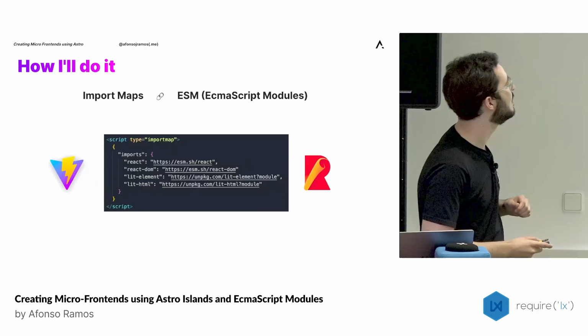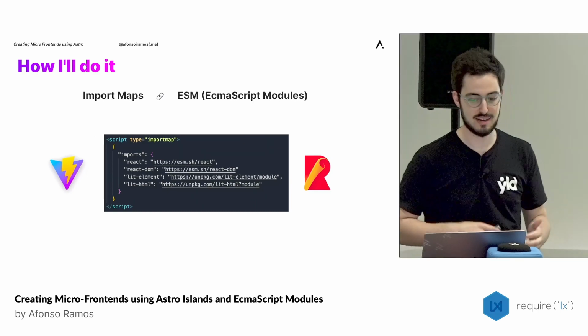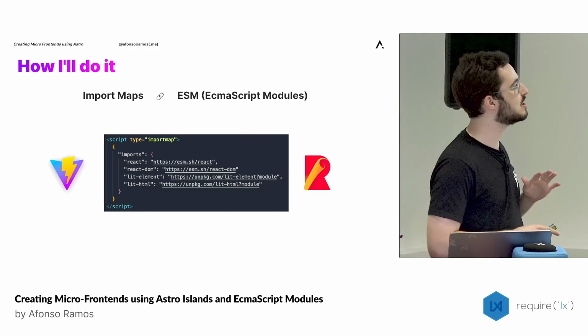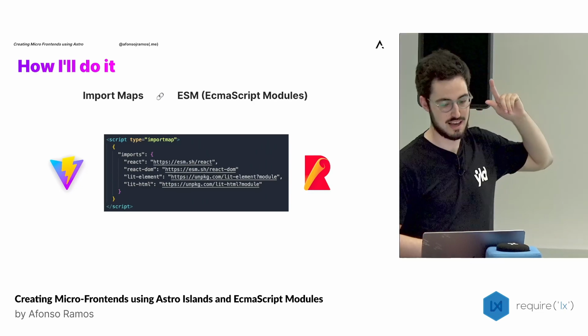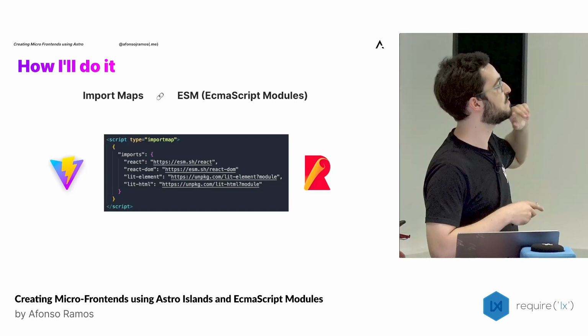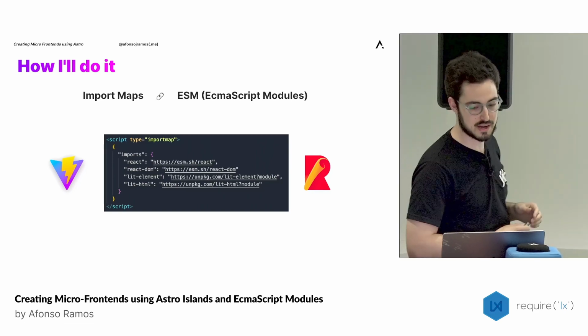So how I'll do it, right? One way to reduce this complexity in our micro frontends is to simply compose these ESM, EcmaScript modules, using import maps while taking advantage of these global CDNs for packages.